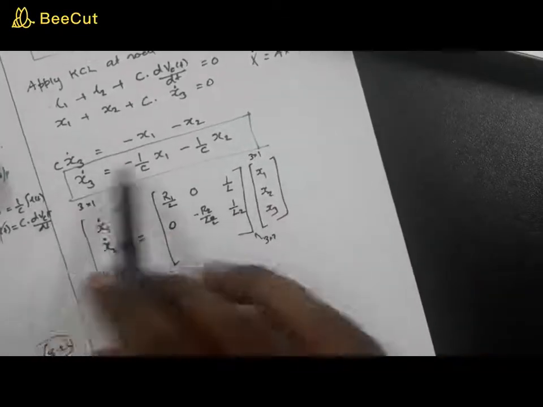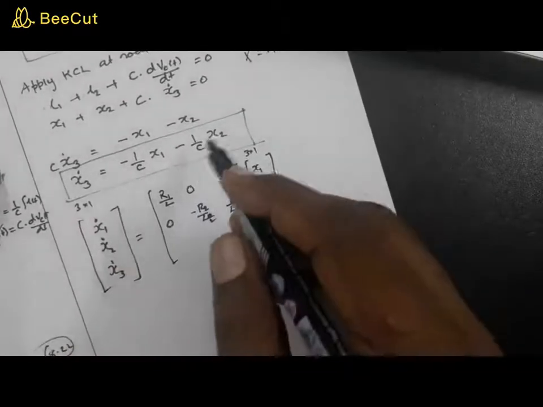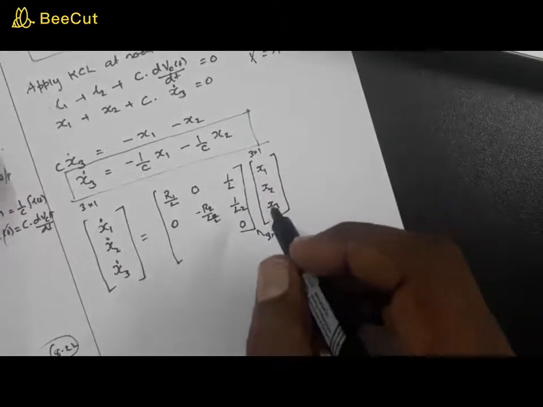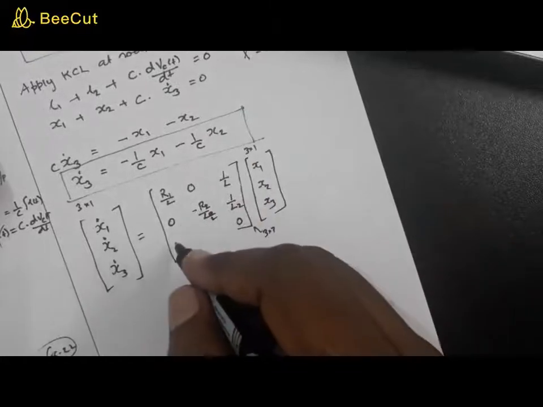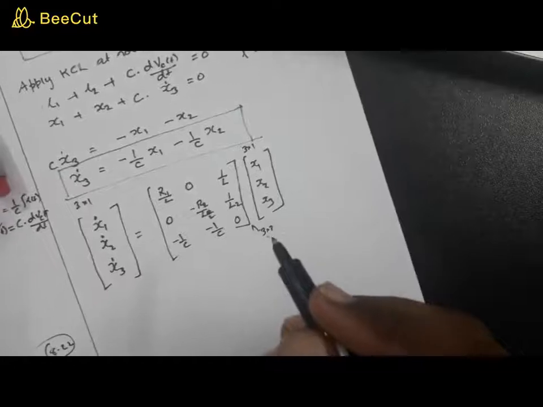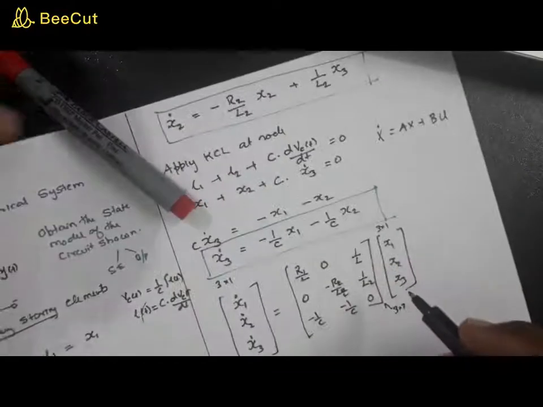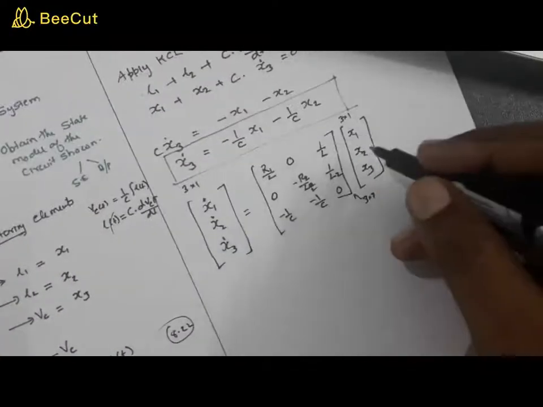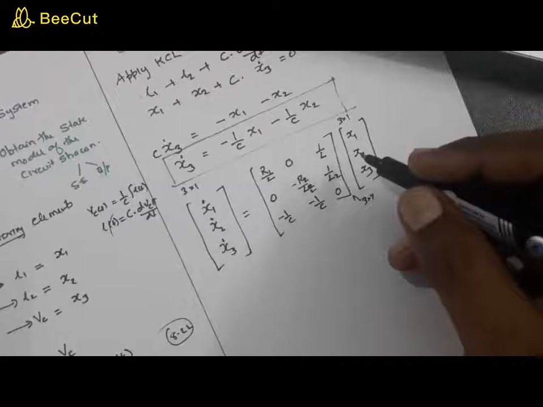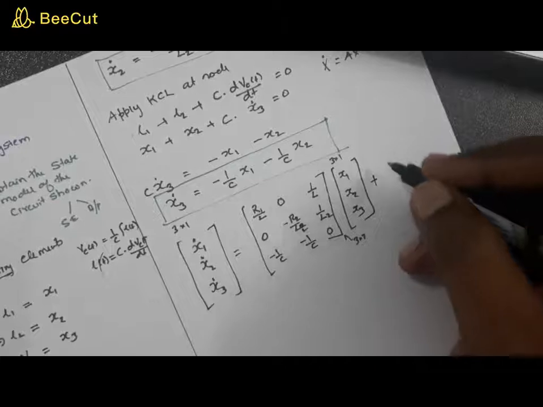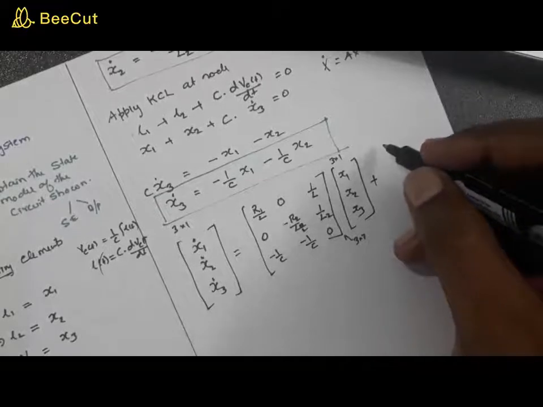Now coming to the x3 dot equation, you can see that you have no x3, so that is 0, while this will be minus 1 by C, this will be again minus 1 by C. So this is the equation, and this is the A matrix, or the system matrix, plus B into the input matrix.